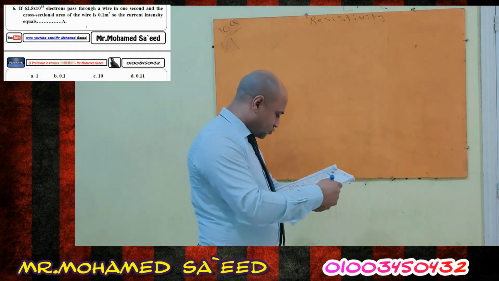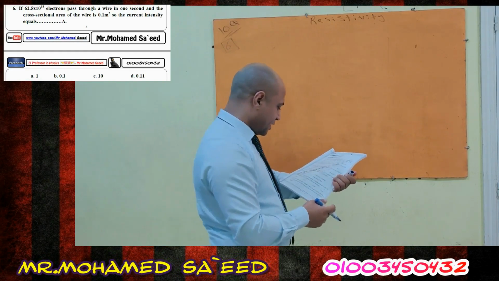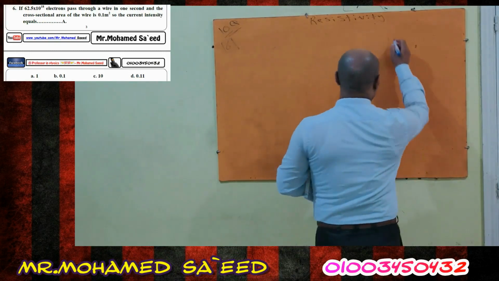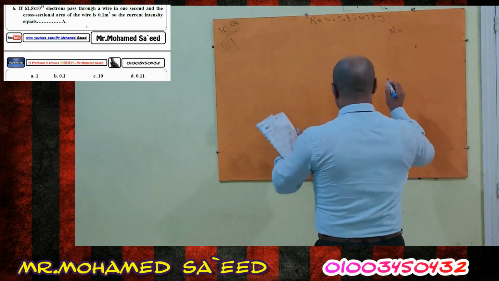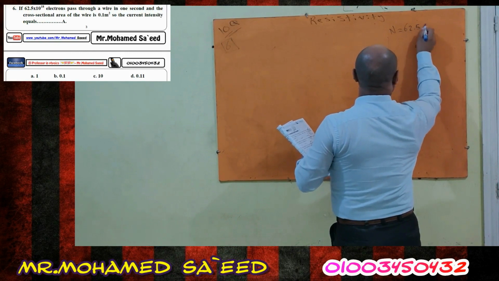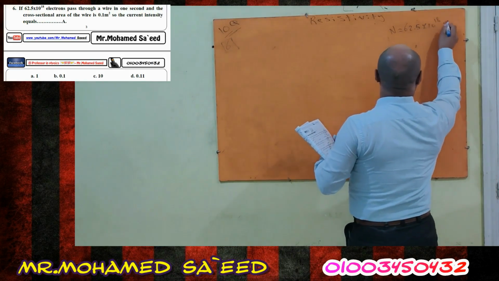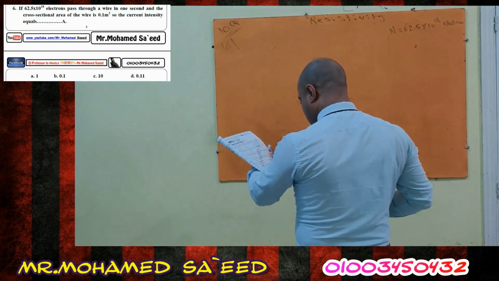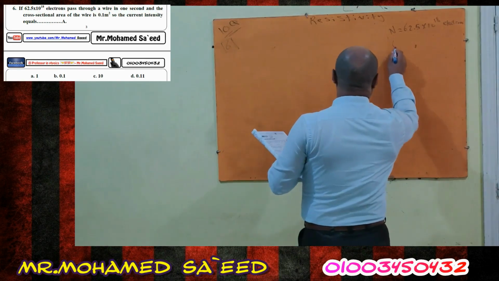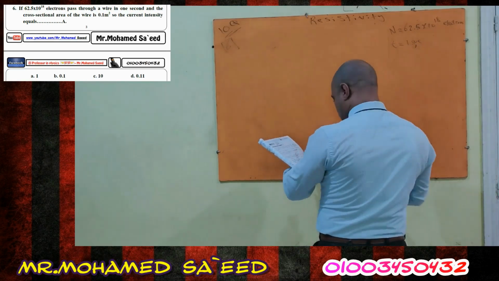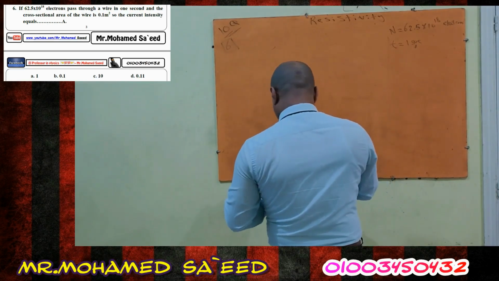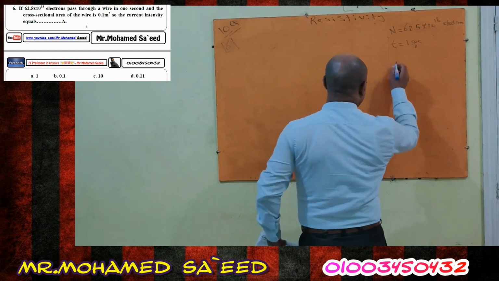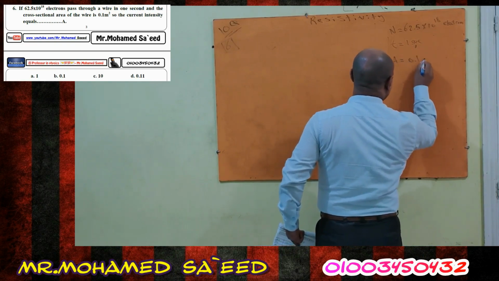If 62.5 times 10 to the power 18 electrons pass through a wire in 1 second, so number of electrons N equals 62.5 times 10 to the power 18 electrons, in 1 second, time equals 1 second, and the cross-sectional area of the wire is 0.1 meter square. Cross-sectional area A equals 0.1 meter square.